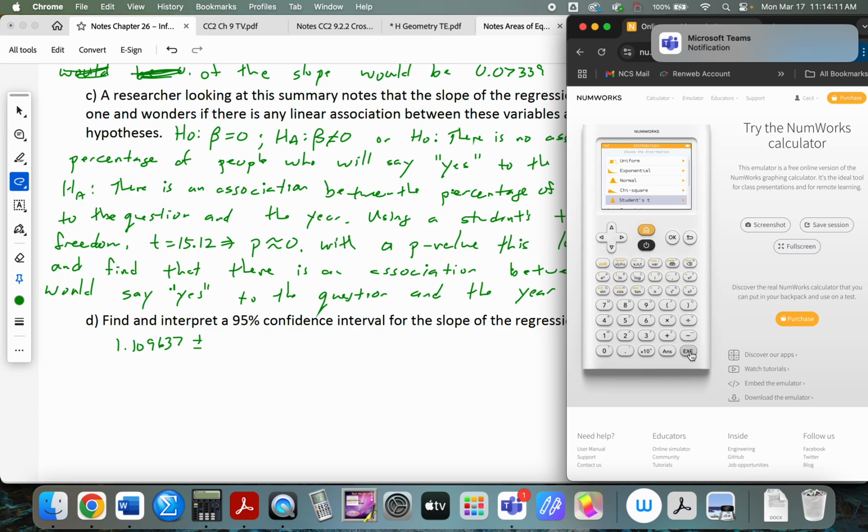I'm doing a student's t with 14 degrees of freedom. And we want a 95% confidence interval. So I want the probability to be 0.95. And I get my t critical is 2.1448.